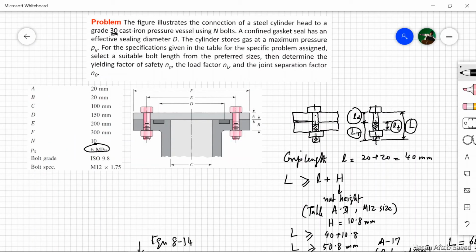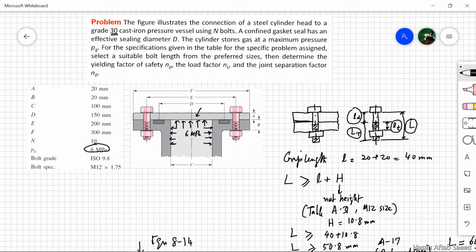And obviously this is going to act everywhere. It will also act here. This P, 6 MPa, tends to lift this head upwards, and it's a simple matter of calculating the P by multiplying the 6 MPa with the area.